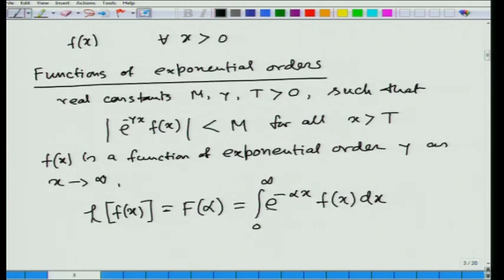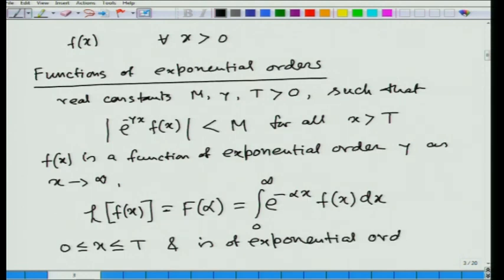Convergence of this integral depends upon the exponential order of the function. If f(x) is sectionally continuous over the interval 0 less than or equal to x less than or equal to T, and is of exponential order, then this Laplace transform exists.